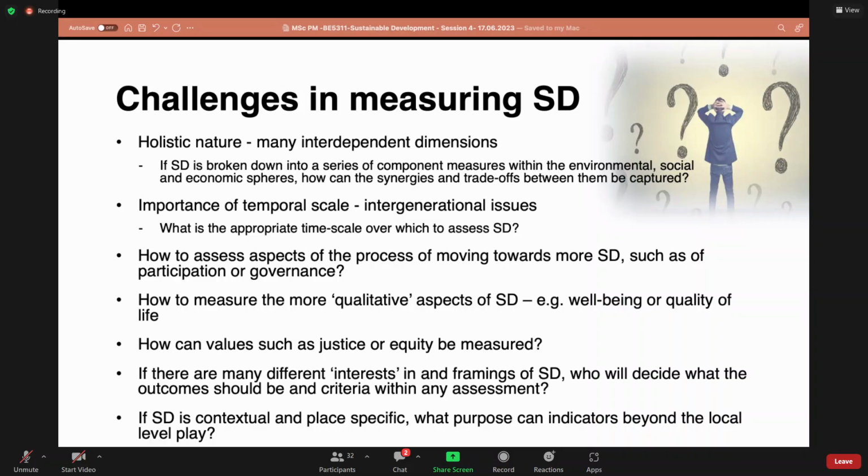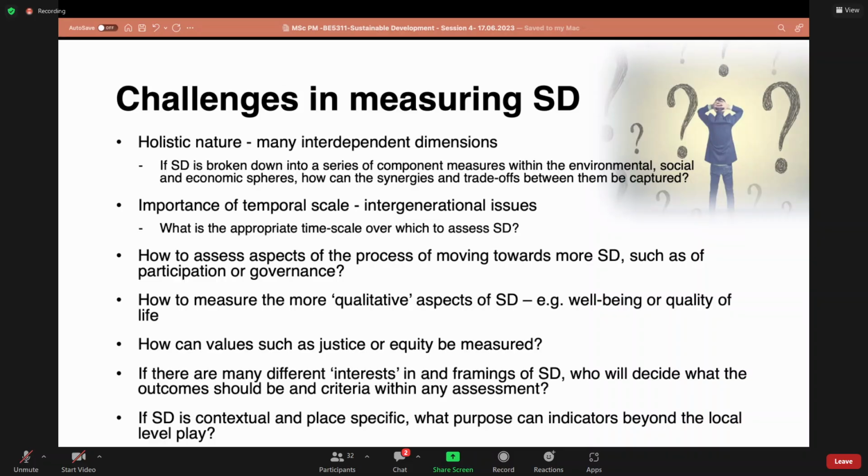It could be community level, different businesses, NGOs, individuals, national governments, all those different levels of governance. So how do you assess whether the actual process that you're following to move towards sustainability is proper or not?